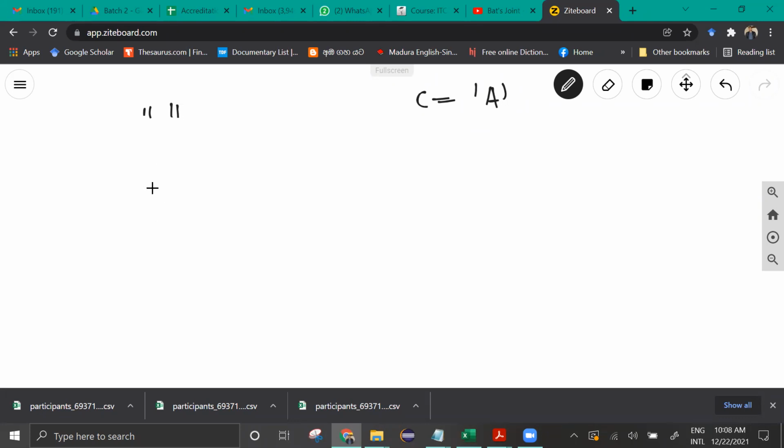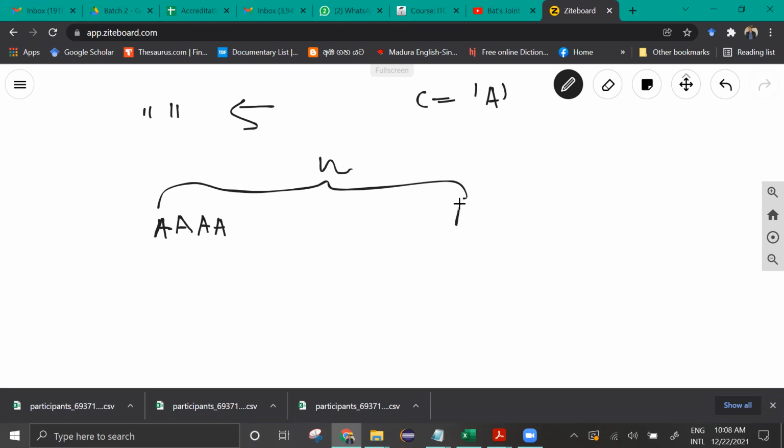Then we append A, all right? And then in the next iteration, we append another A. And then in the next iteration, we append A. So likewise, we append A.